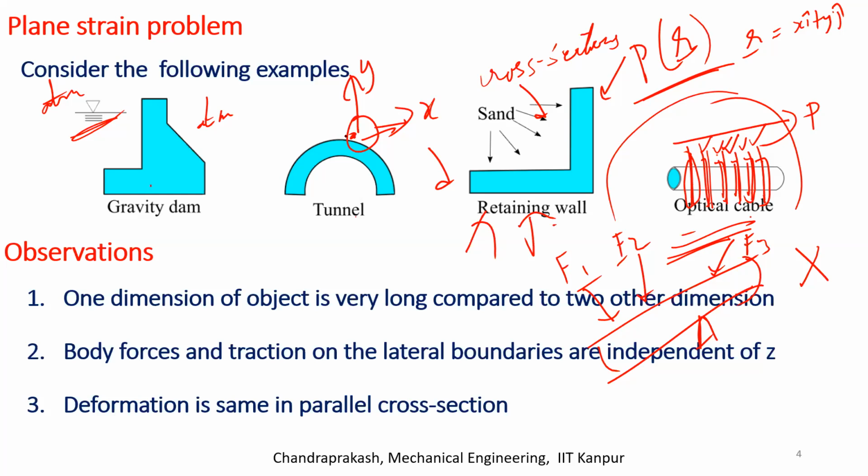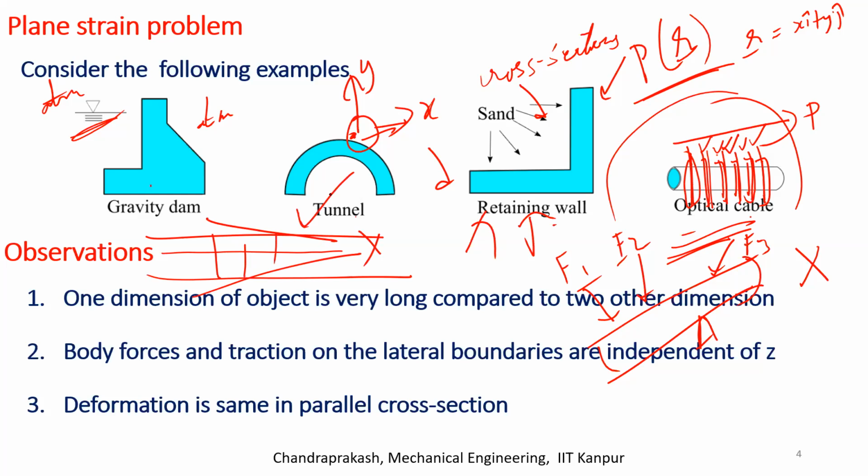You know, I'm not analyzing the case where the cross section of the gravity of the dam is changing along its length. That's a different problem. We are not analyzing even an optical cable where the diameter is reducing. No, we are not even solving this. We want the diameter to be constant, and the loading in every cross section is the same.